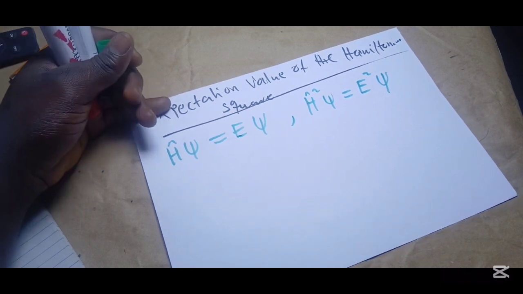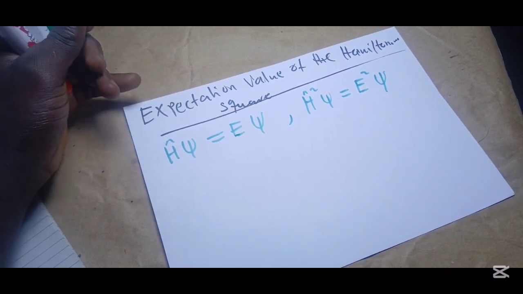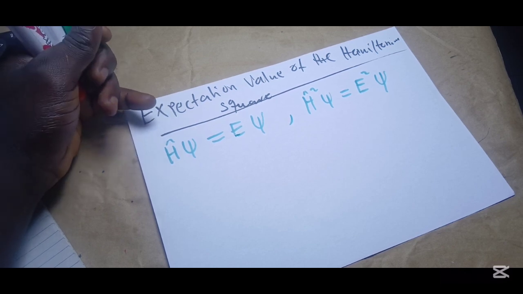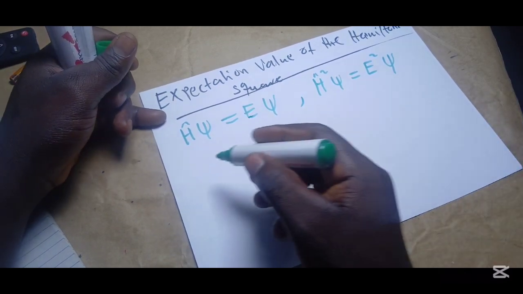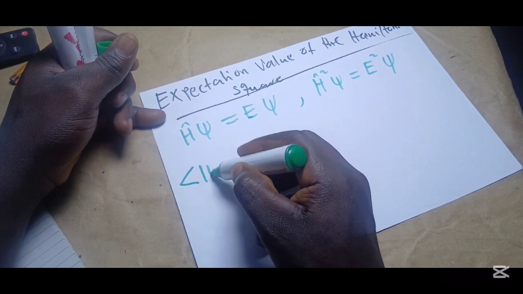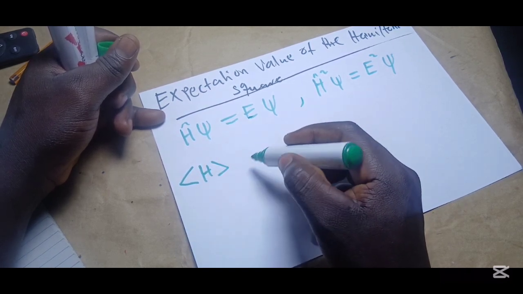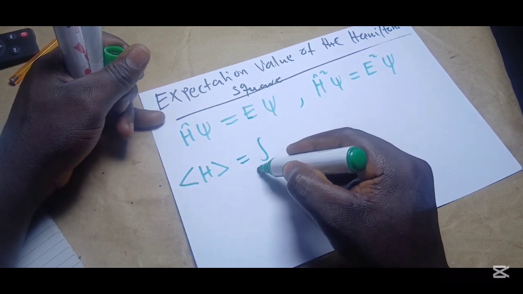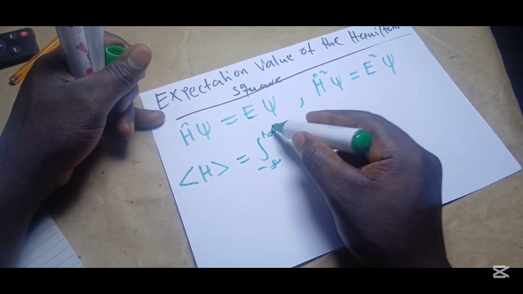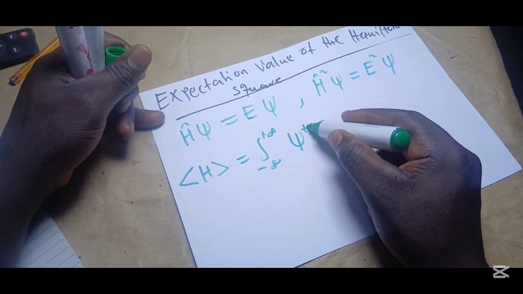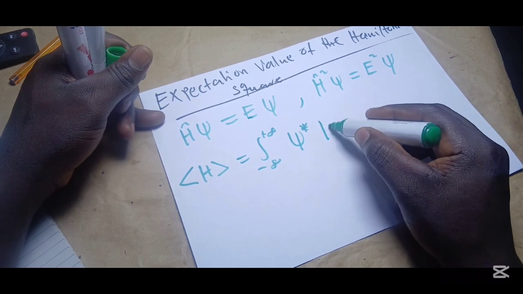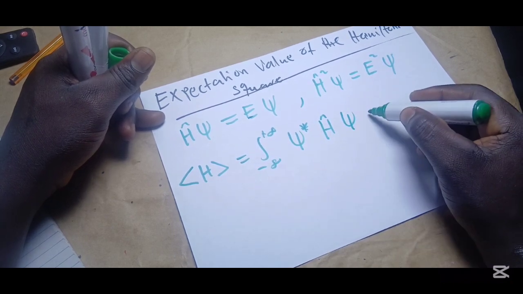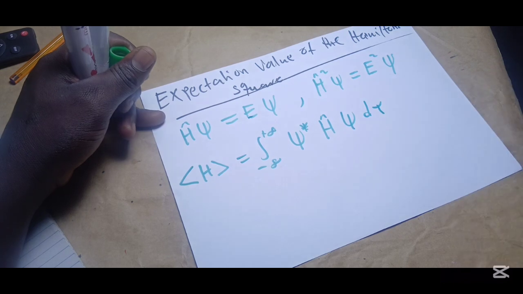In this case, we are going to look at the expectation value of the Hamiltonian square. We also look at what expectation value means. The general definition of expectation value is the integral from negative infinity to positive infinity of the complex conjugate of the wave function, the operator corresponding to the observable, and the wave function, over all space.